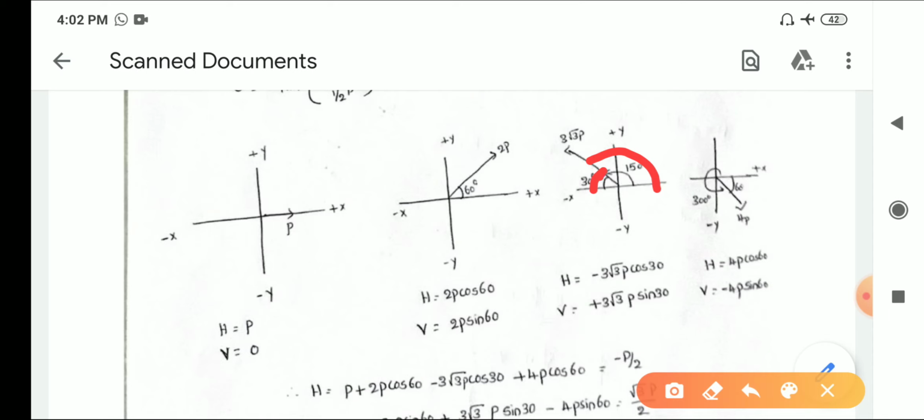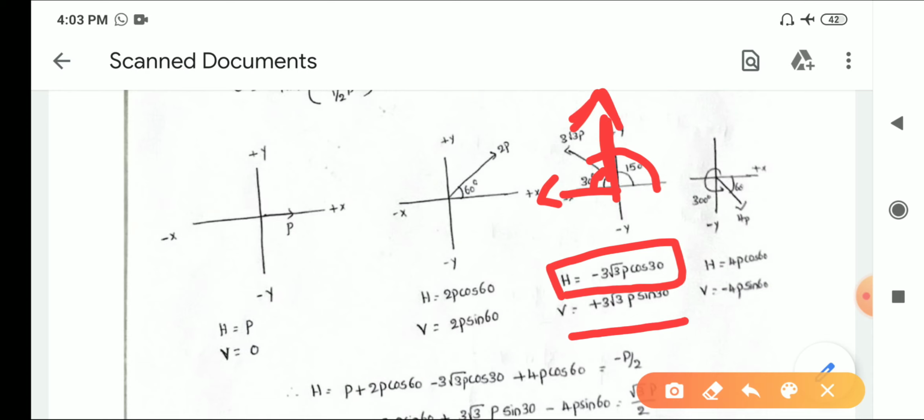That means 180 minus 150, that is 30 degrees. And also I am resolving this force in these two directions. As it is negative x-axis, I am making the component as minus. As this is positive y-axis, I am making this component as positive.